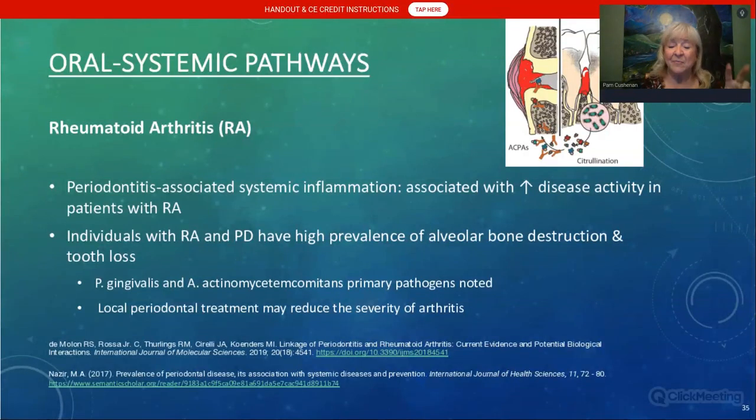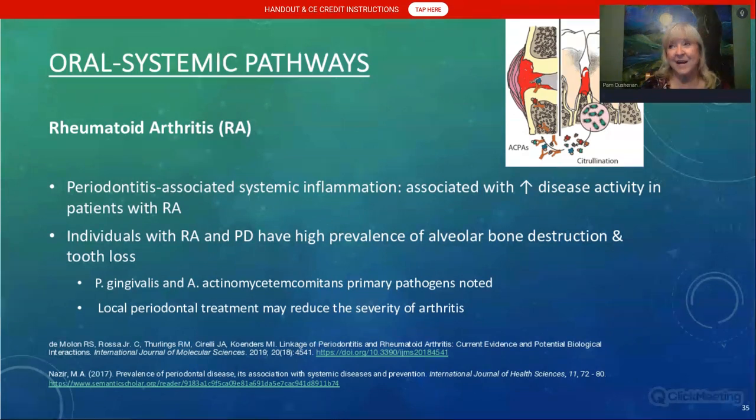Patients that have both of these things, RA and PD, have a much higher level of bone loss and tooth loss, of course. P. gingivalis and AA are primary pathogens noted in the rheumatoid arthritis association. Now, this is my favorite part. Local periodontal treatment may reduce the severity of arthritis.